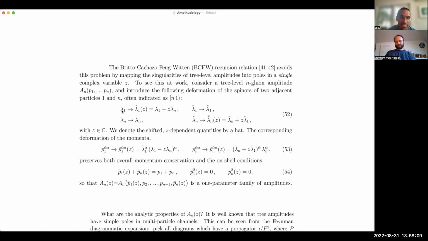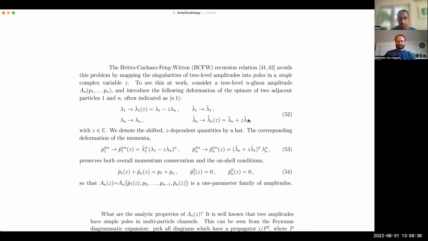So they say take lambda of 1 and lambda tilde of n, and then subtract and add: minus z lambda n and plus z lambda tilde 1. Now, this is just some z, not to be confused with the generator of the helicity transformations that was shown before, where the lambdas were transformed by z and lambda tildes were transformed by 1 over z.